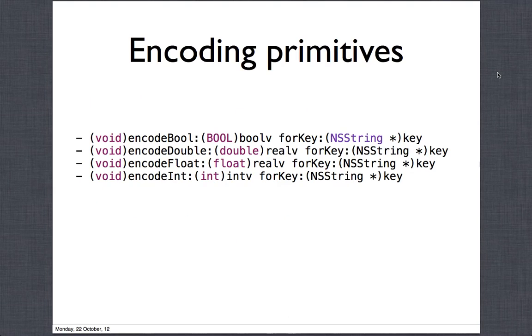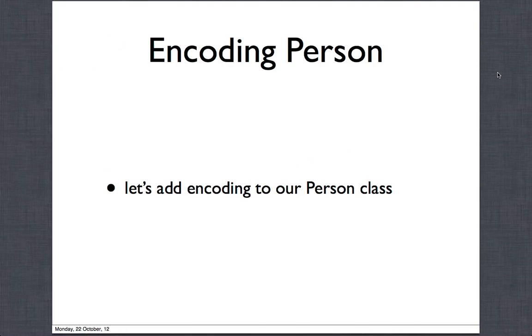If we want to encode primitive values, like a boolean or double, we have those methods as well. It's encode bool, encode double, etc. for a key, and it's the same idea. They already have the way of encoding, so of course we don't have to write anything. We can just use it right away.